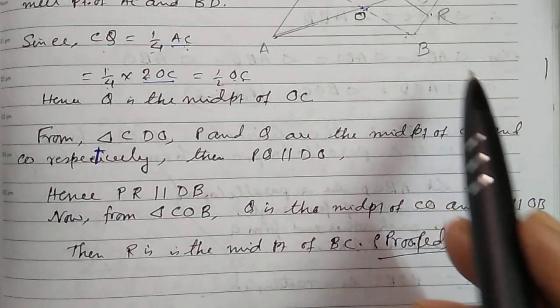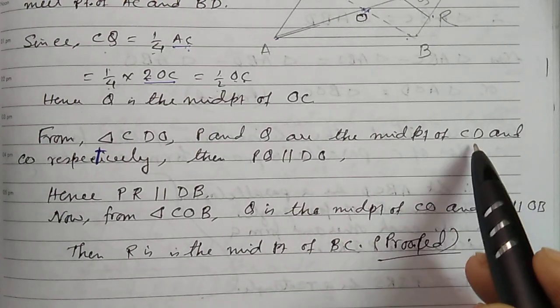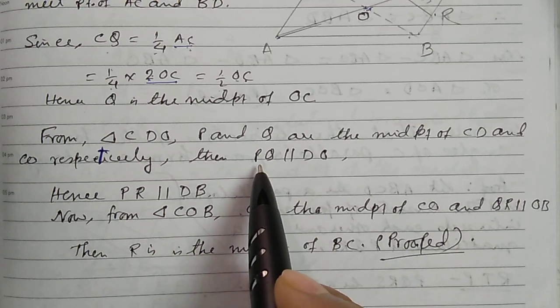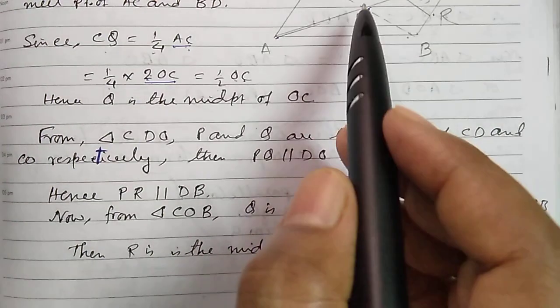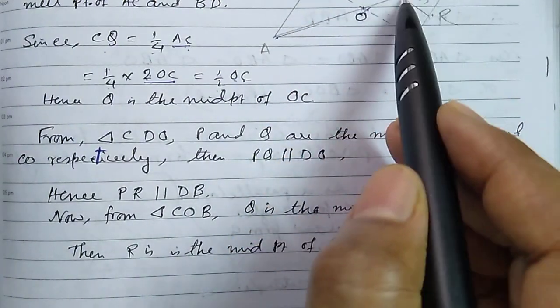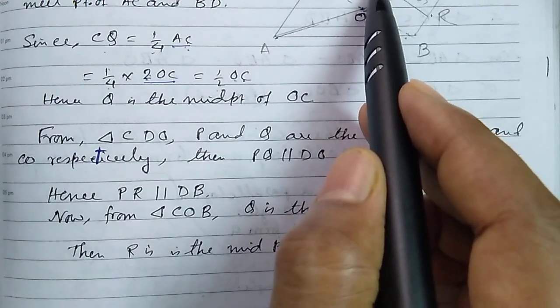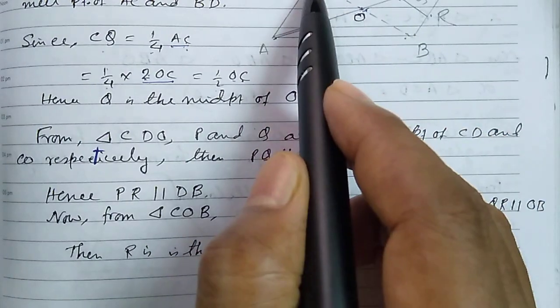CD and CO respectively. Then PQ is parallel to DO. There is a theorem that the line segment joining the midpoints of any two sides is parallel to the third side.